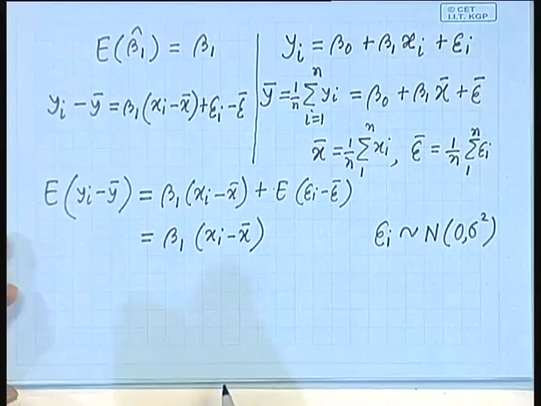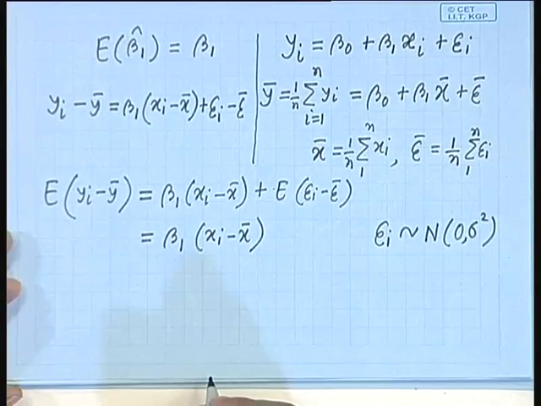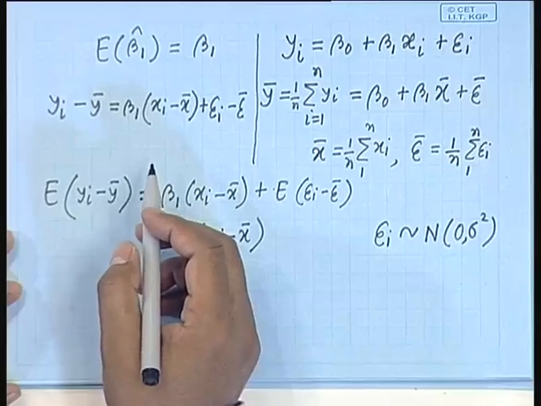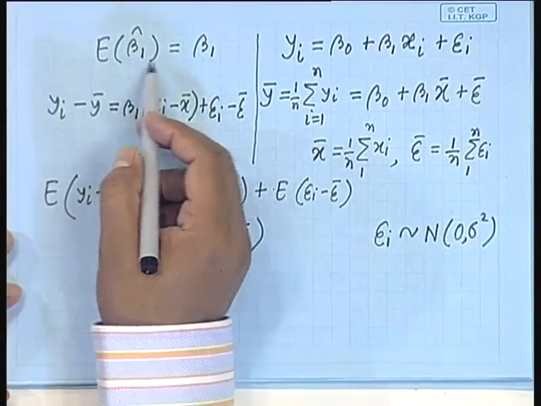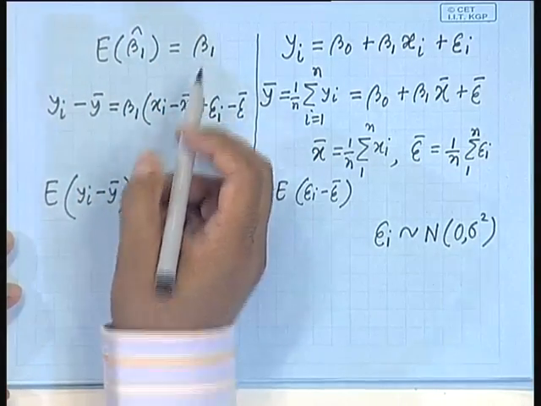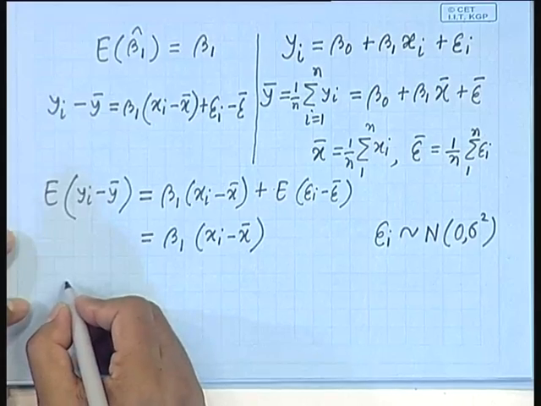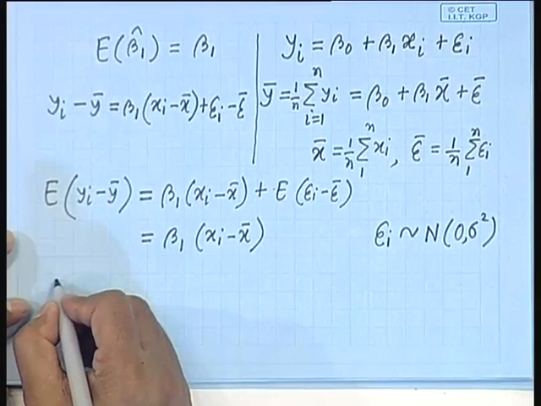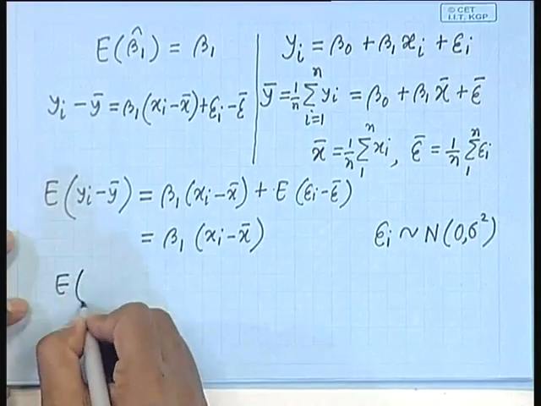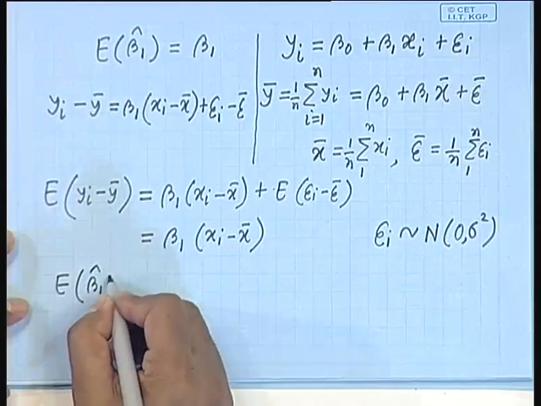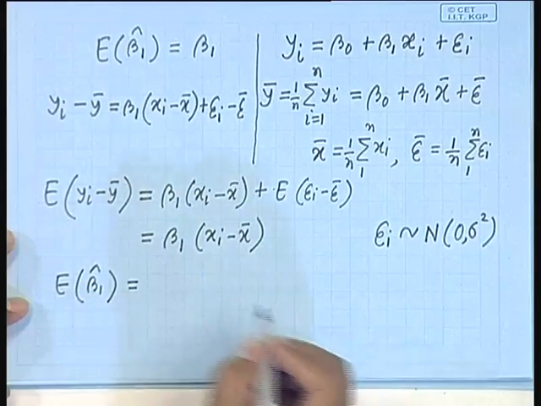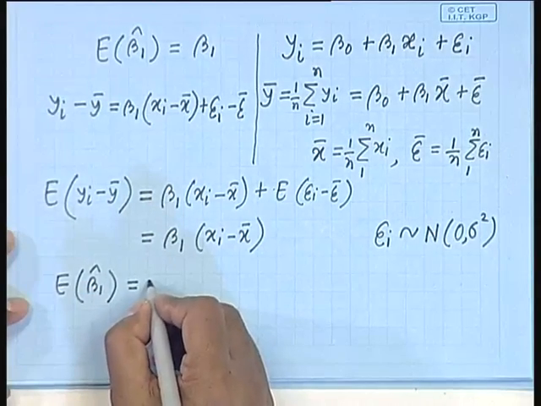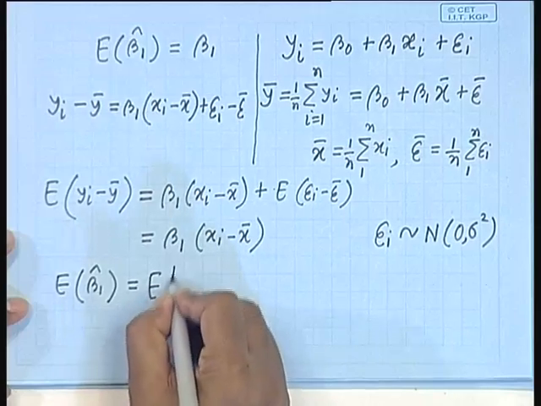Now, our aim is to prove that beta 1 hat is an unbiased estimator of beta 1. So, expectation of beta 1 hat is equal to expectation of, what is beta 1 hat?